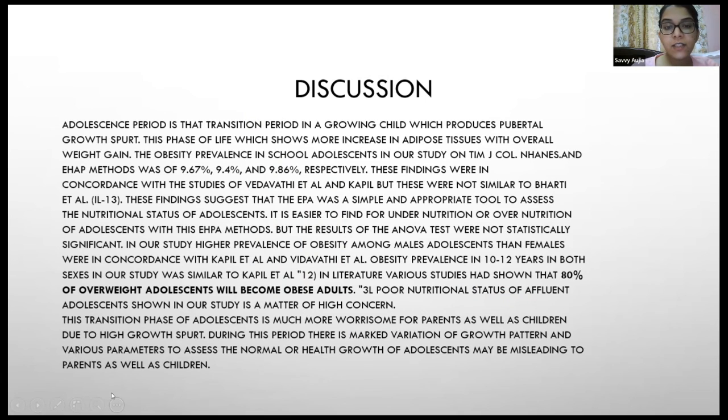These findings suggest that the EPHA was a simple and appropriate tool to address the nutritional status of adolescents, and it is easier to find undernutrition or obesity using the EPHA method.